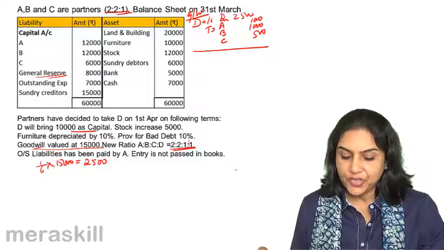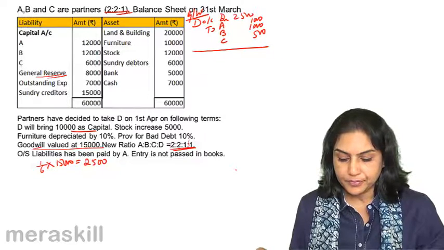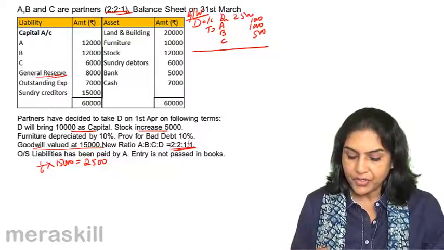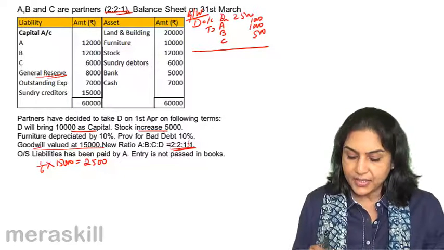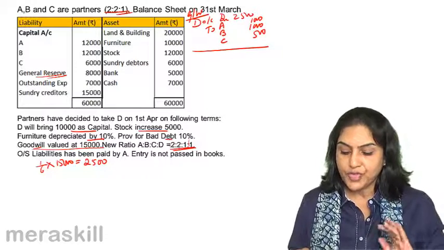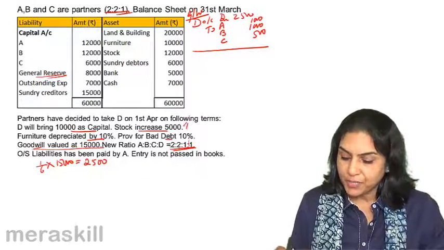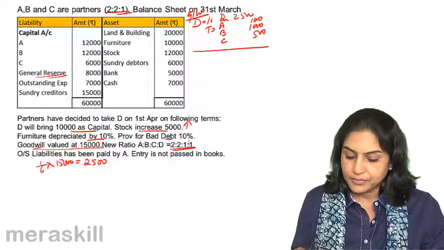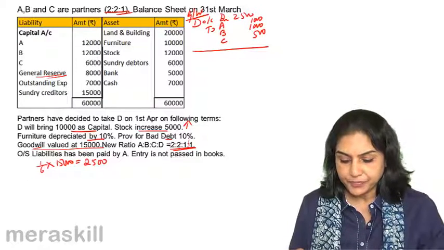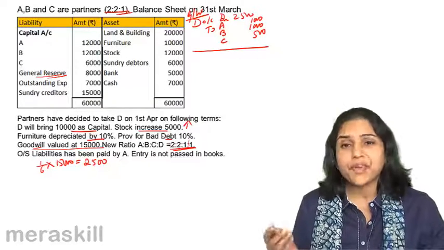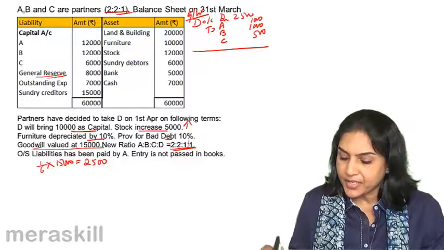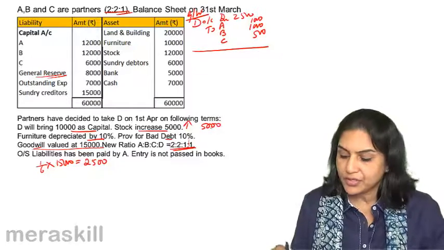Next, we check entries for revaluation of assets. There is a stock increase of 5,000, decrease in furniture, provision for doubtful debt. So there are 3 adjustments. This is positive. These 2 are reduction in the value. If we look at the net profit, what has happened? Increase in stock 5,000, profit.